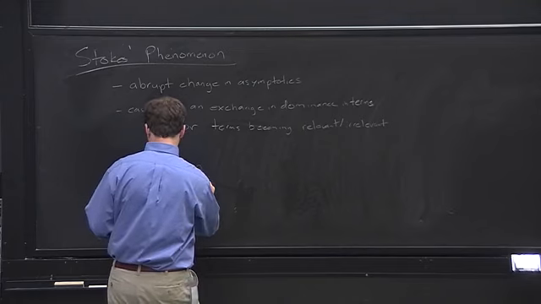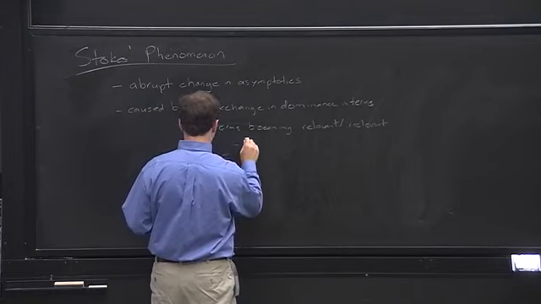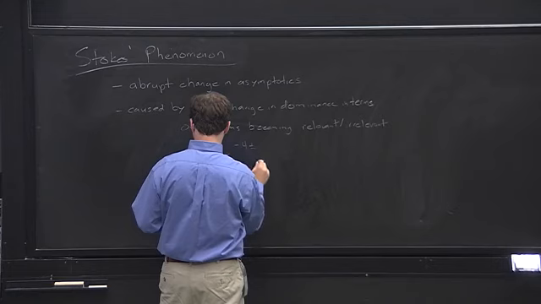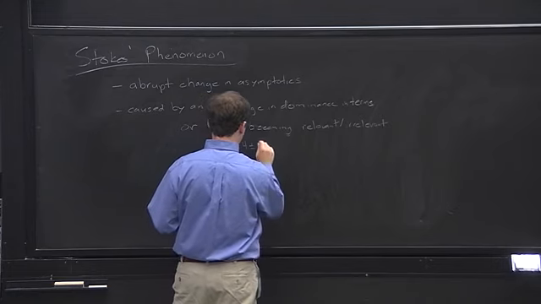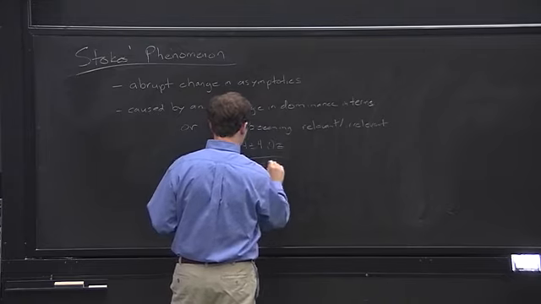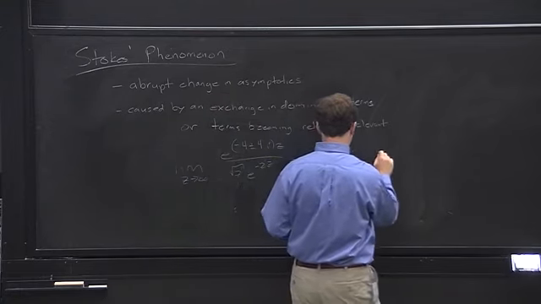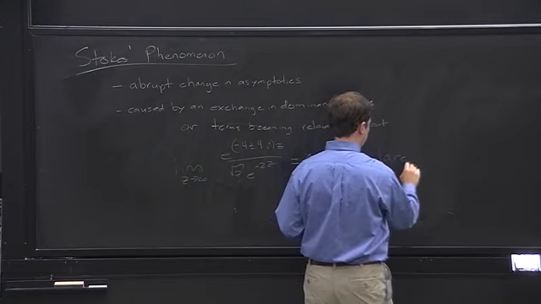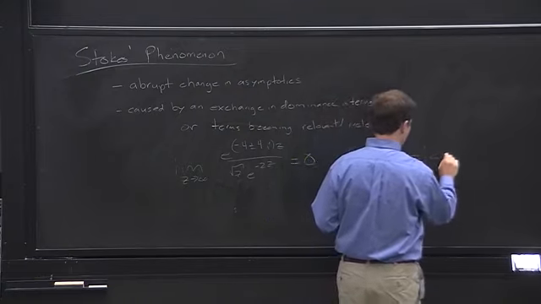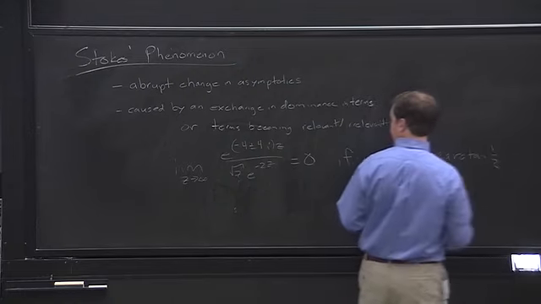So if we take z to infinity of this ratio of the endpoints to the saddle points, this limit is 0 as long as the argument of z is less than the arctan of a half.